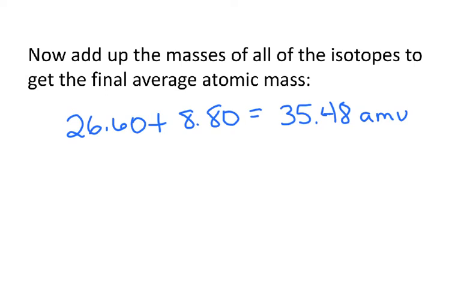Now, do not divide by 2. I know the word says average atomic mass, but we've already taken into consideration the averaging part. That was how we multiplied by the decimal. That basically averaged each of the two. So you just add them up. Do not divide by 2 on this one.